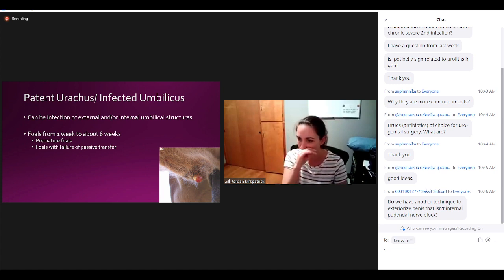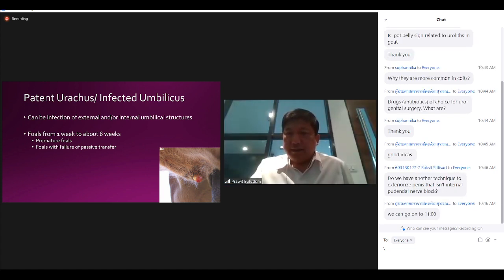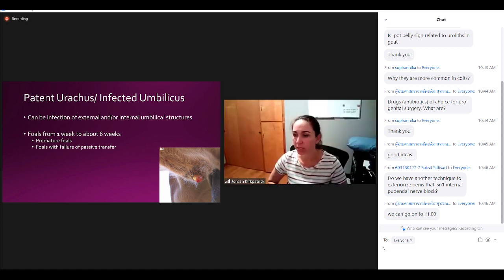Oh, and yes. There is another question. Do we have another technique to exteriorize the penis that isn't the internal pudendal nerve block? So this is kind of going back to last week. For cattle, you can sedate them and see what will happen. Like we can sedate them with xylazine.